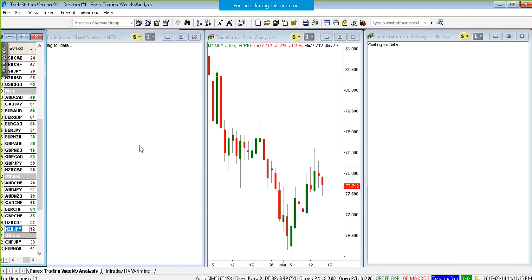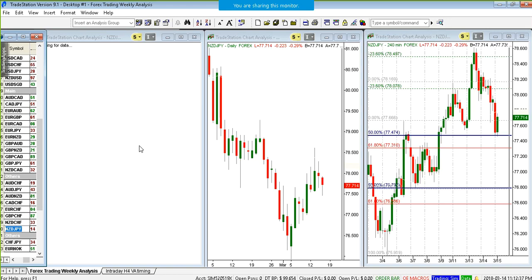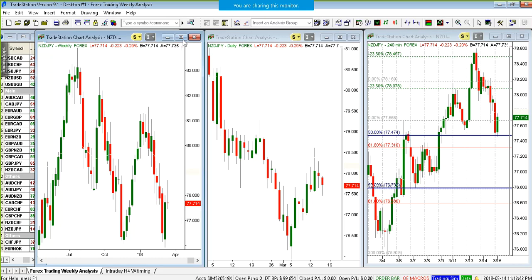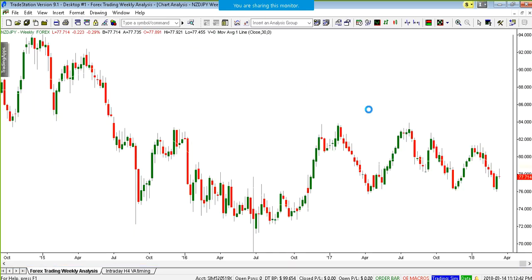And finally, the New Zealand dollar, Japanese yen here, which is the market that you see here, and this market has traded the 50% here. Let's look at that again.